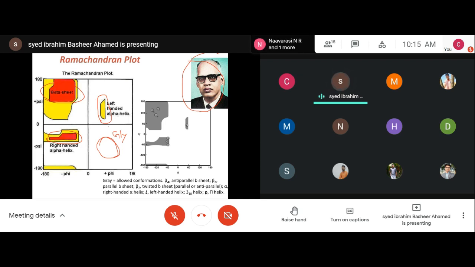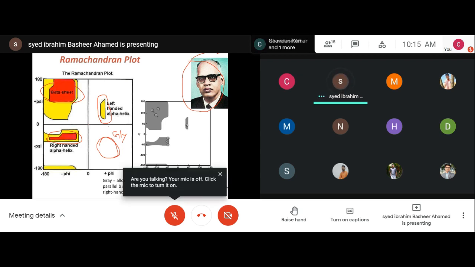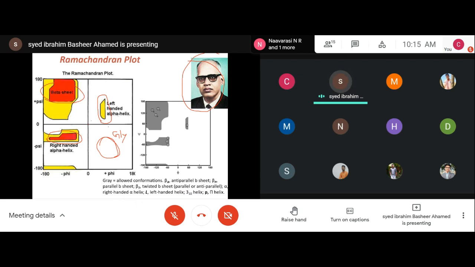Whoever is solving a structure, whether by crystallography or NMR or molecular modeling, whatever, anybody making a model for a peptide chain, that has to be validated by the Ramachandran plot.